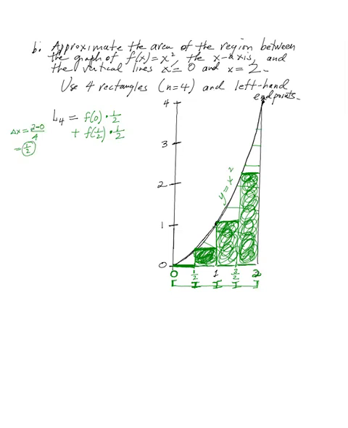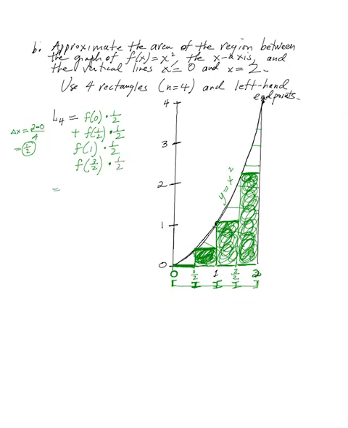Third subinterval. Left-hand endpoint's 1. So the area of this third rectangle is f of 1 times 1/2. Height times width. And finally, the fourth subinterval, left-hand endpoint is 3/2. So the area of that rectangle is f of 3/2 times 1/2.